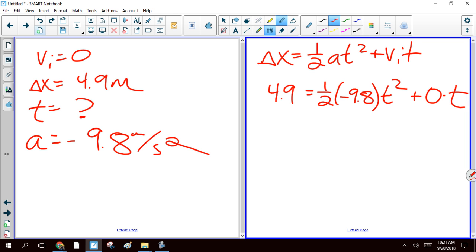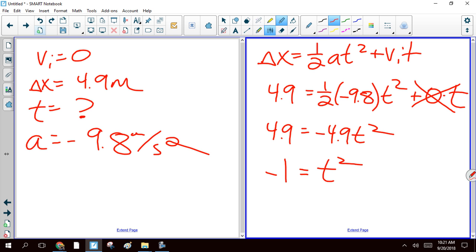The 0 times t goes away. So now I've got 4.9 equals negative 4.9 times t squared. Divide both sides by negative 4.9, and you get negative 1 equals t squared. How do you solve it? Take the square root.